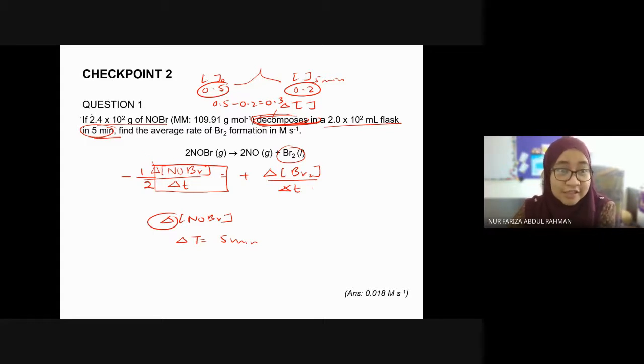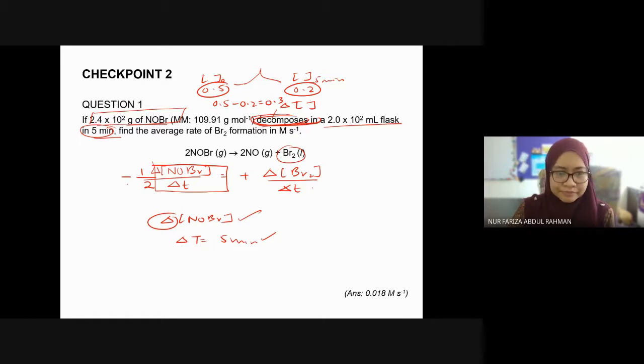This is in gram, so you have to change it into concentration. Then you can insert directly so that you can get the Br2. Make sure that you get the positive sign. Understand? Please be careful.